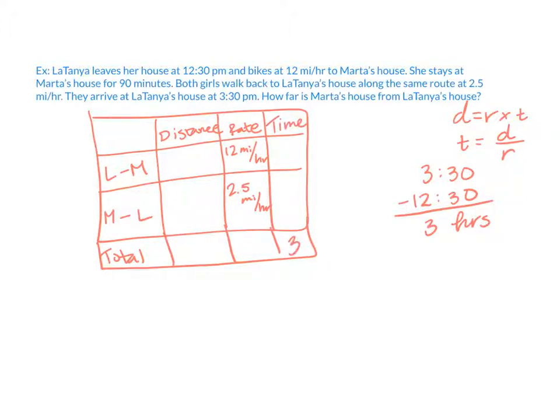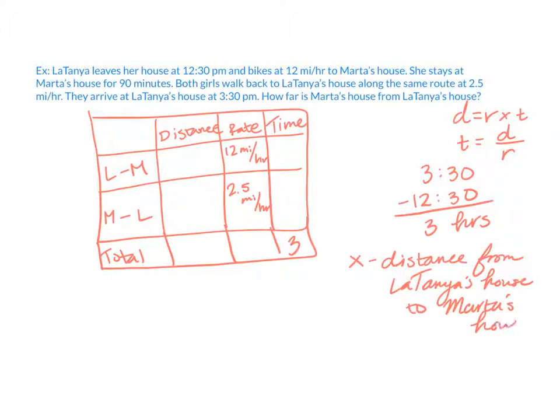is 3. I don't know what their rate is over the whole thing, and I don't know what the total distance is, but I do know that the distance from LaTanya's house to Marta's house and Marta's house to LaTanya's house is the same. So I'm going to say that x is the distance from LaTanya's house to Marta's house, and it's the same for both.